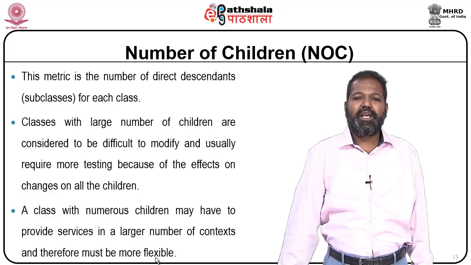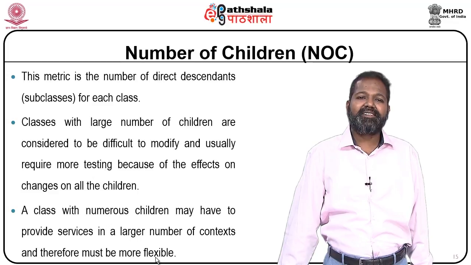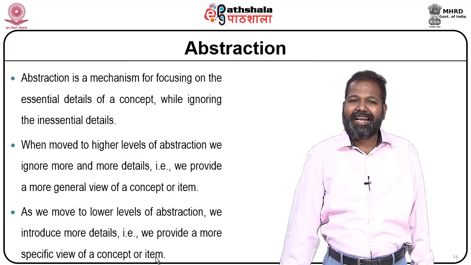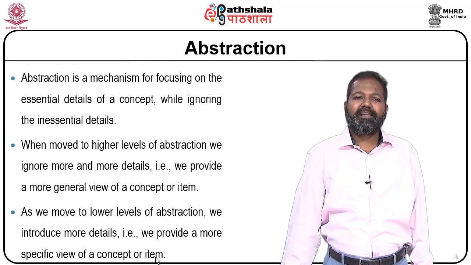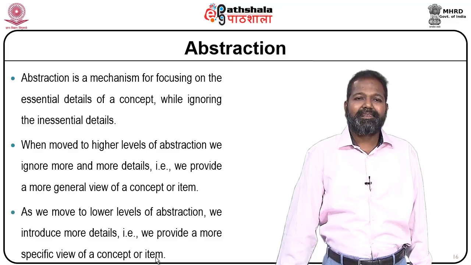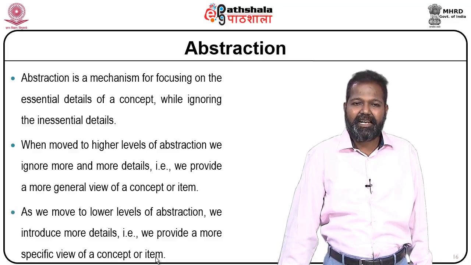A class with numerous children may have to provide services in a large number of contexts and therefore must be more flexible. Abstraction. Abstraction is a mechanism for focusing on the essential details of a concept while ignoring the inessential details.